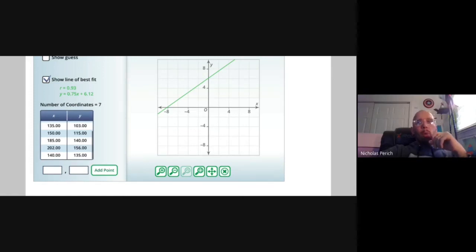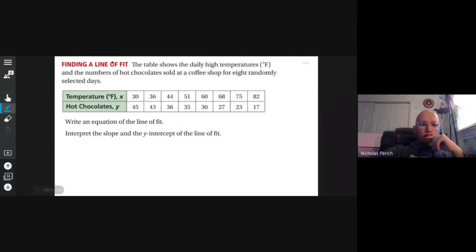Let's do one more. We have enough time just to do one more. Here's our data. I'm going to leave it up. I'm going to plug it in as fast as I can.